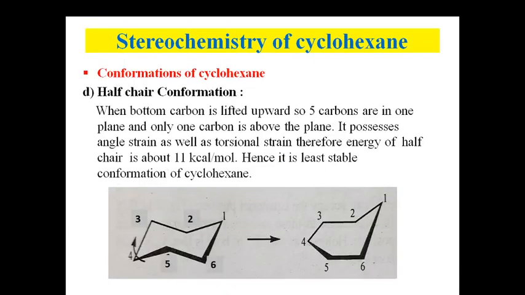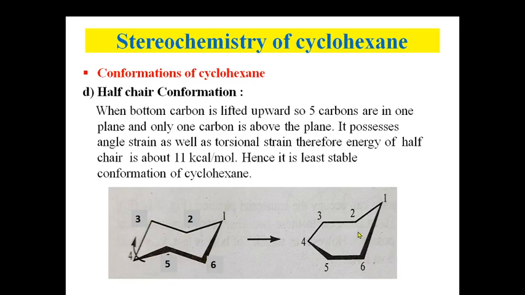Now next is the half chair conformation. What is the half chair conformation? Here it is the chair conformation. If you just lift one carbon up, suppose carbon number 4 is lifted up, what happens there? The 5 carbons, 2, 3, 4, 5 and 6, now become in one plane and only one carbon is above the plane.